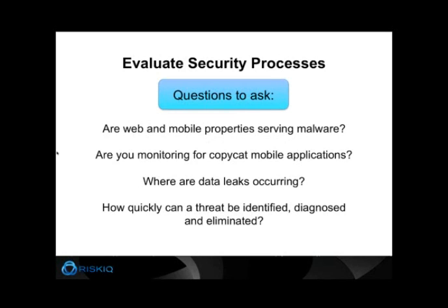So some of the things that we've seen, questions that can come to bear here is, what do I have out there? What assets do I have? What mobile applications are we deploying? In a large enterprise, typically there could be hundreds of mobile applications, and for web properties, it could be thousands of web applications.